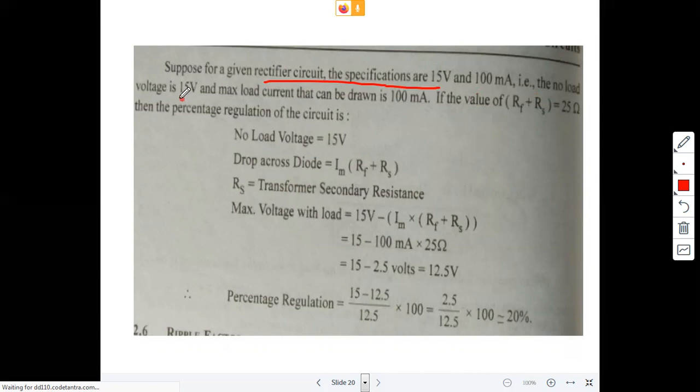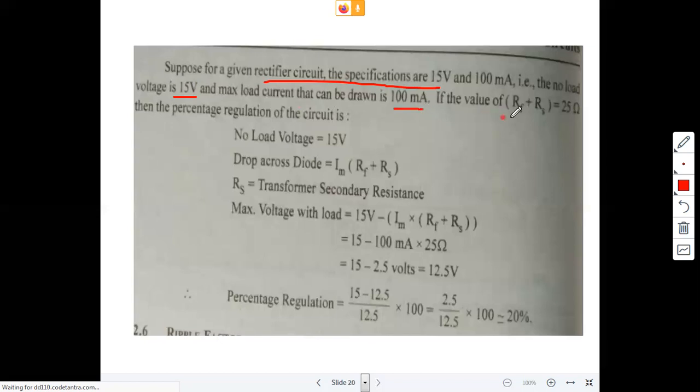No load means the load is open circuited, simply remove the RL. At that time the output voltage is equal to the no load voltage, 15 volts, and the maximum load current is 100 milliamperes.